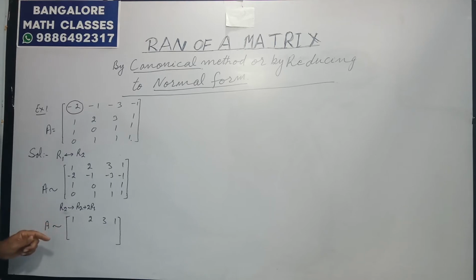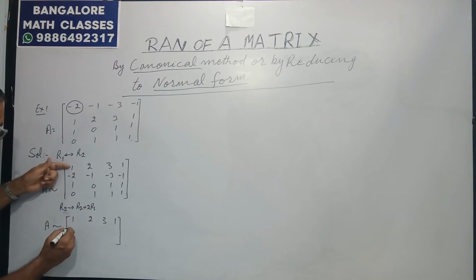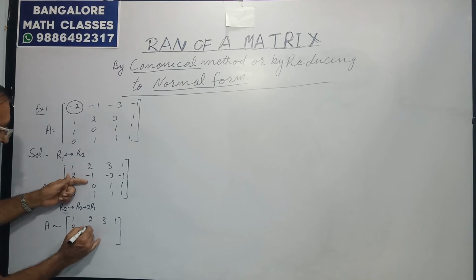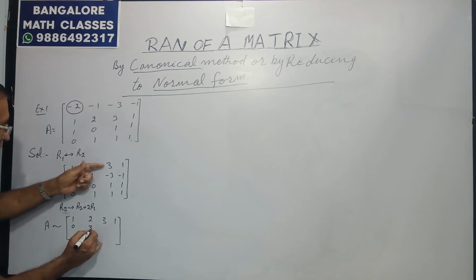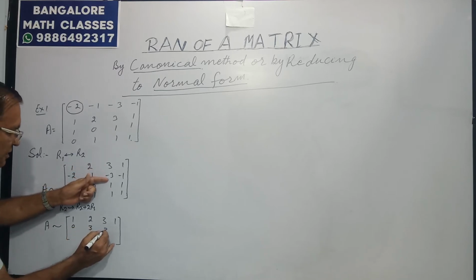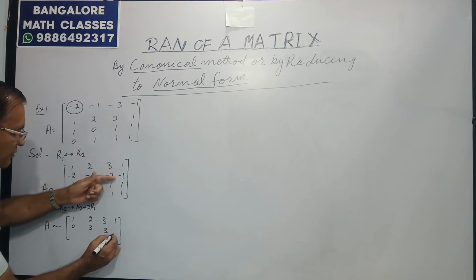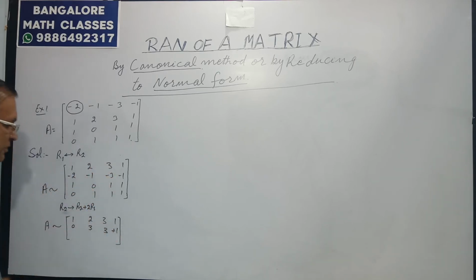While solving and writing, keep in mind: double and add. Double and add, we get 0. Double and add, we get 3. Double and add, we get 3. Double and add, we get plus 1. If you miss this, you will make a mistake, so be careful.